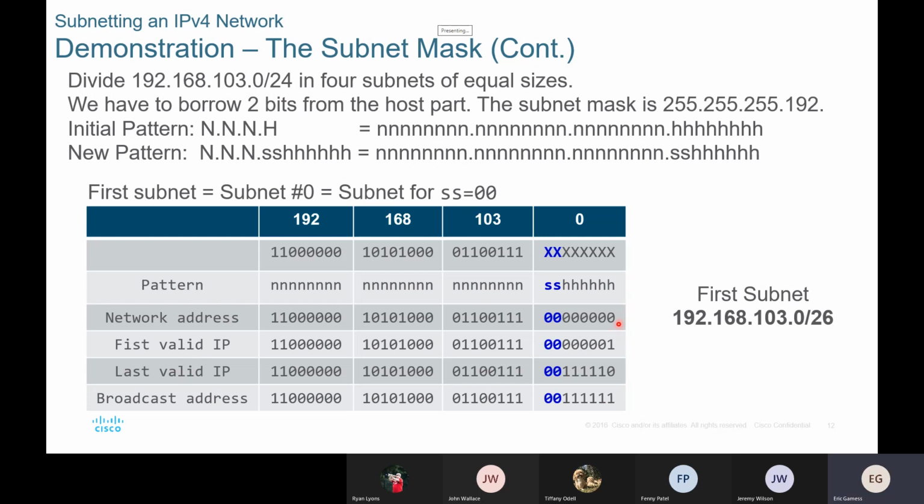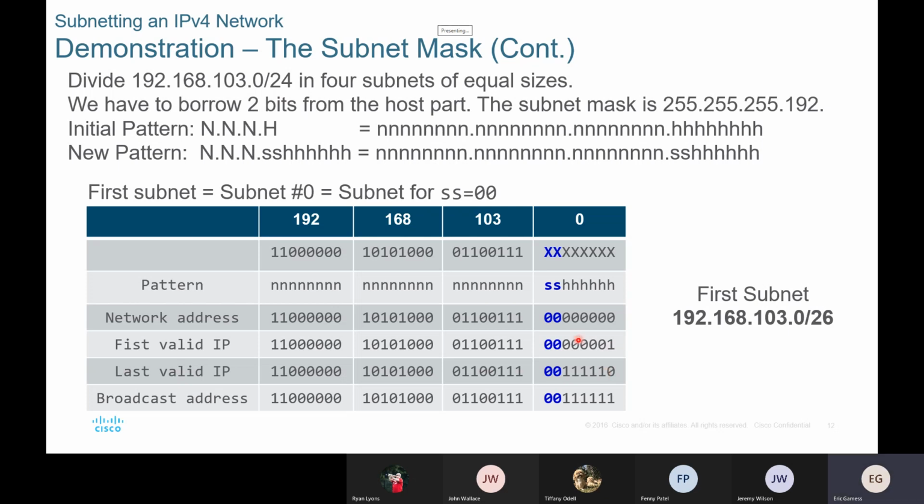What will be one IP address after .0? .1, isn't it? And the last valid IP address should be one IP address before the broadcast address. The broadcast address is .63. What is one IP address before .63? It will be .62. So the valid IP addresses go from .1 to .62. We have 62 valid IP addresses.